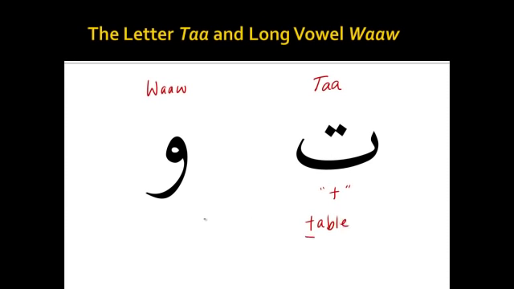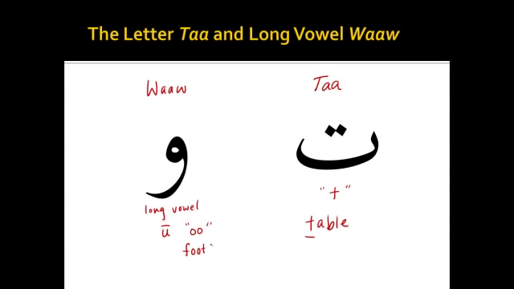Now the wow is a long vowel, just like the alif. So we say long vowel. And we would use the U here with a line over it to indicate the oo sound. Now, oftentimes in English, you will see the double O, for example, in foot.